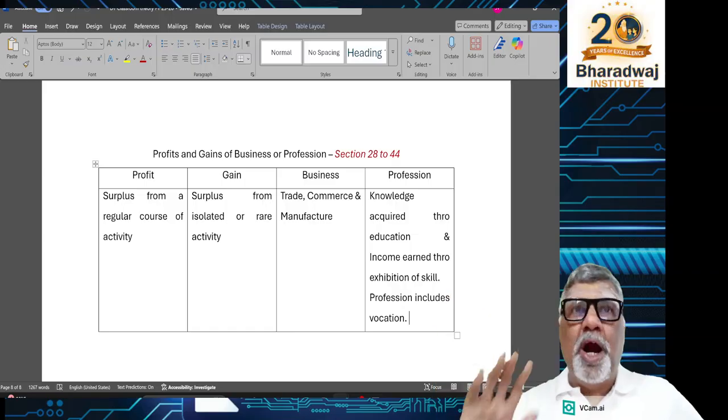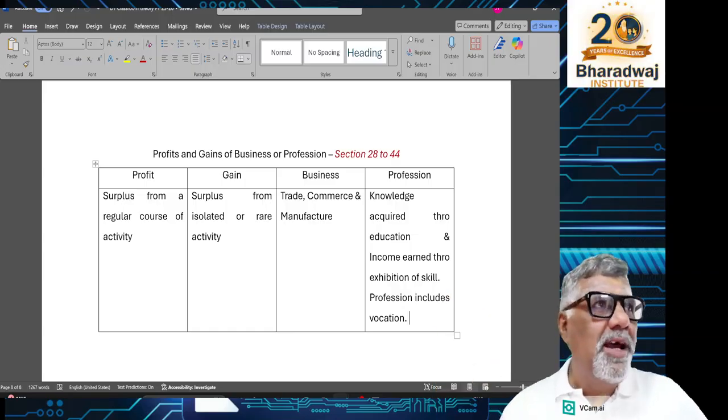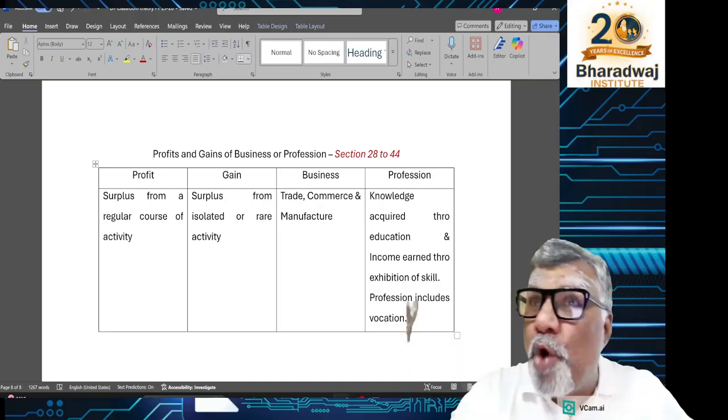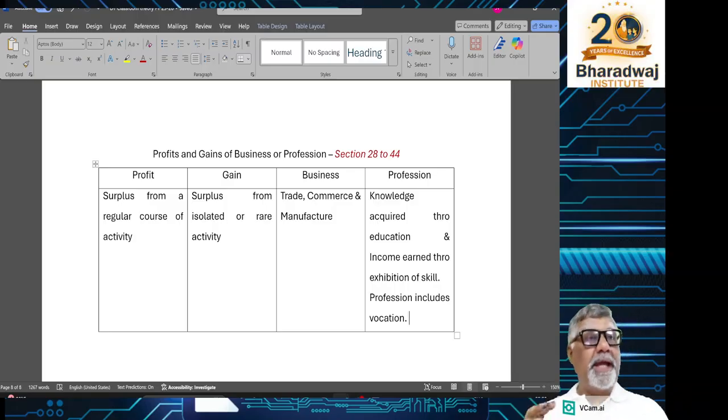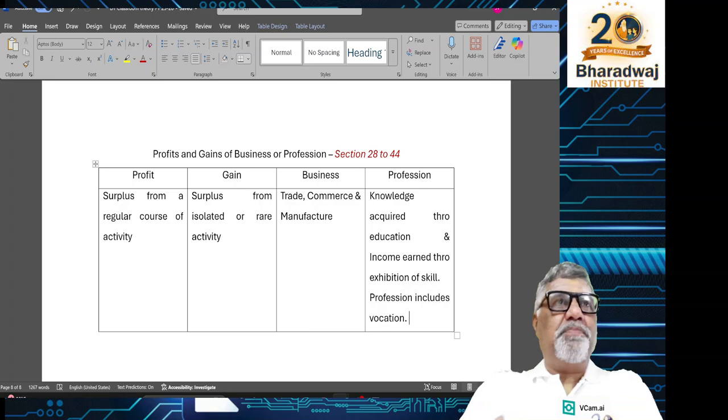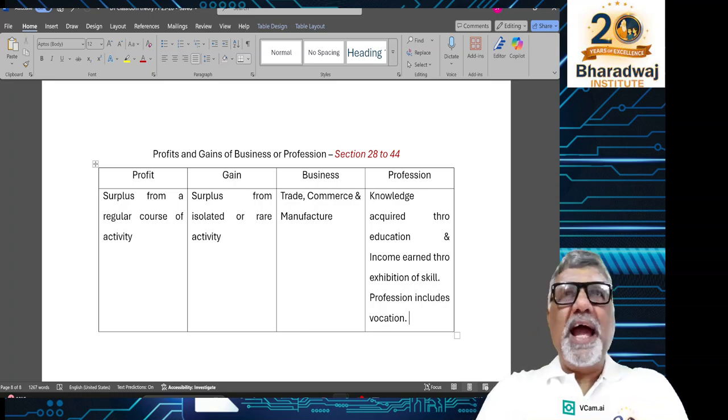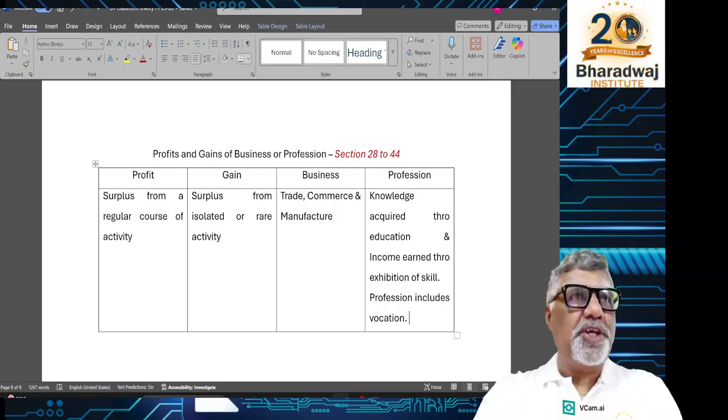Leave alone these big custom clearing houses. There are many agents in between. They are carrying on vocation. Okay. So, vocation is also big. The title of this chapter is Profits and Gains of Business or Profession.